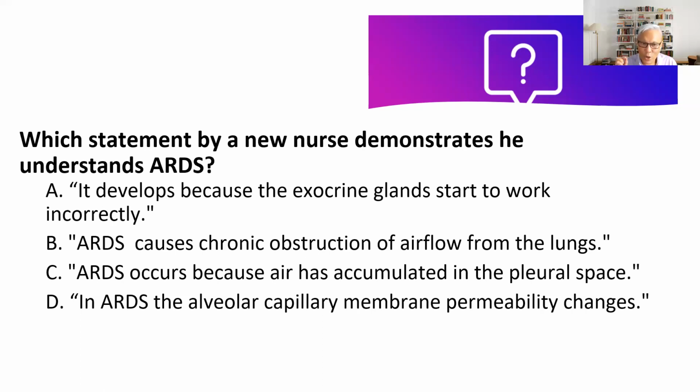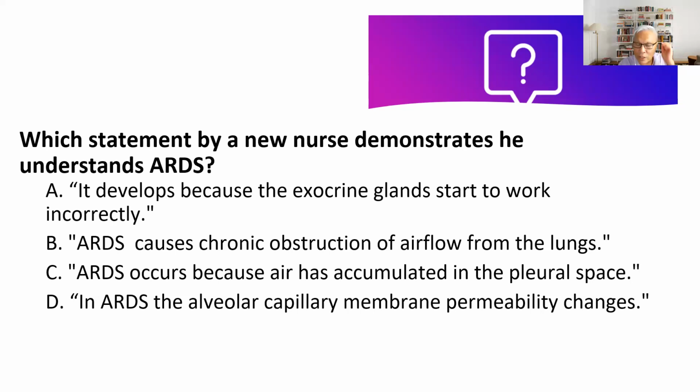Okay, so let's go ahead and discuss this, all right? Now, letter A says it develops because the exocrine glands start to work incorrectly. Well, there are no exocrine glands, but you remember those two types of cells present in your alveoli, type 1 and type 2, right? The type 1 allows oxygen and carbon dioxide to exchange.